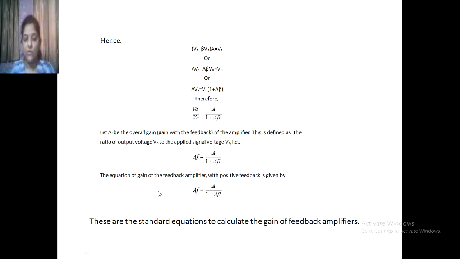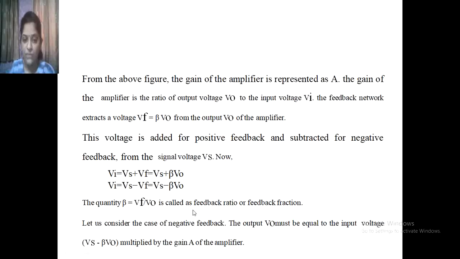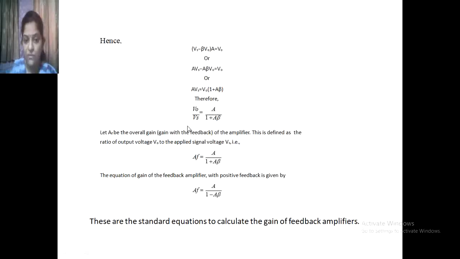With positive feedback you will get this equation, and for negative feedback we get this equation. So this is for negative feedback and this is for positive feedback. These are the standard equations to calculate the gain of a feedback amplifier.